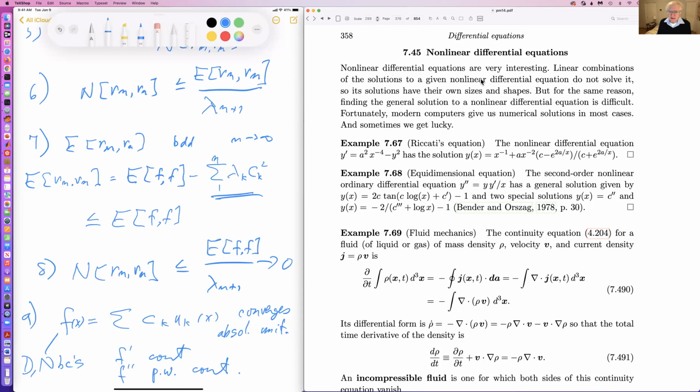That, of course, means that finding the general solution to a nonlinear differential equation is even harder than finding a single solution.